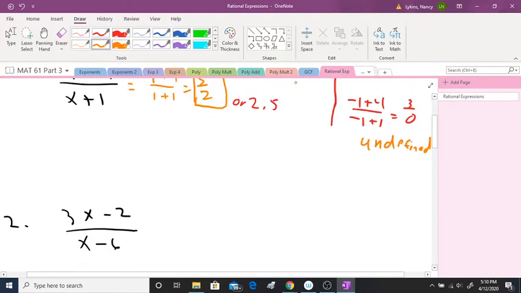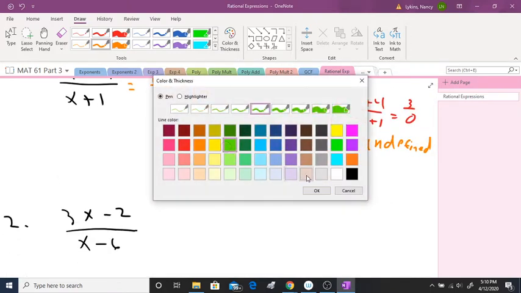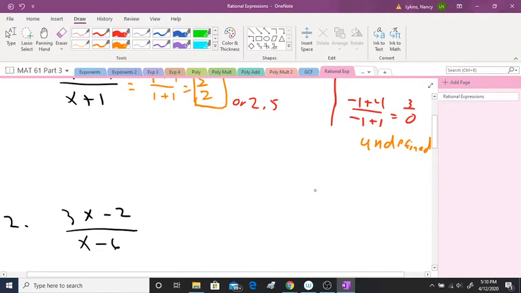Okay, next, I'm always going to give you an x to plug in. So let's just say in this one, x equals negative 10. So if x is negative 10, wherever you see an x, you put the negative 10. So I'm going to put negative 10 in parentheses, minus 2 over negative 10 minus 6.